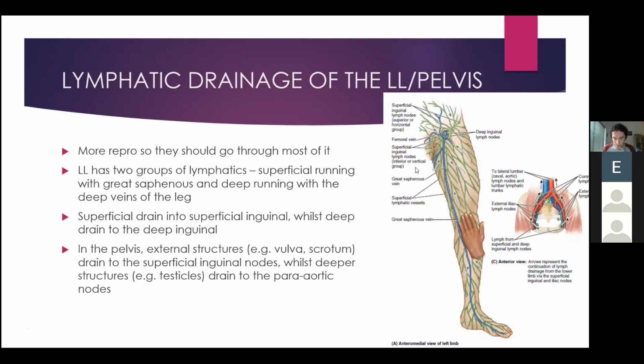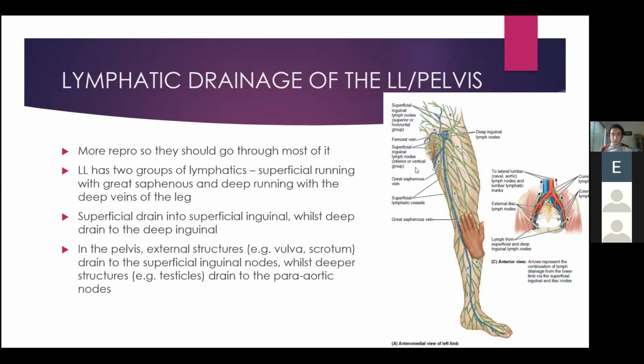And the main reason they do this is because they think that it's really tricky, because what you do is you have your external structures. So like your scrotum, your vulva, carcinomas on them will drain into the superficial inguinal lymph nodes.